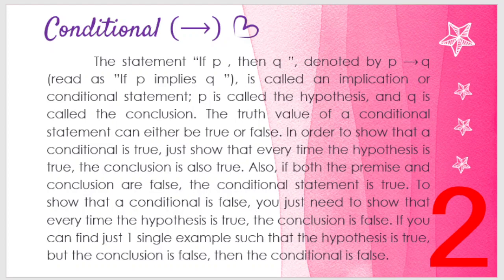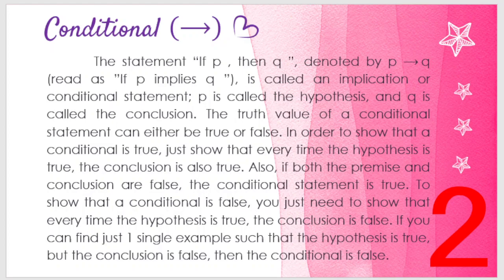In order to show that a conditional is true, just show that every time the hypothesis is true, the conclusion is also true. To show that the conditional is false, you just need to show a case where the hypothesis is true but the conclusion is false.